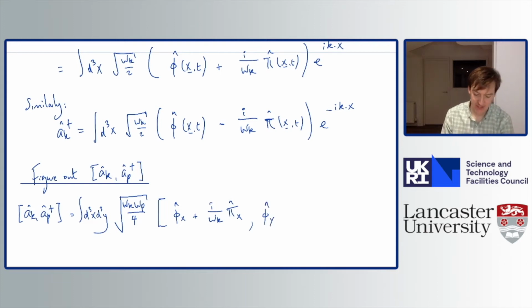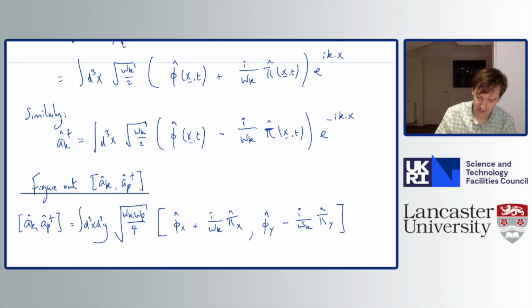Remember, I'm using the position label y to go along with my p operator. We have a minus sign over omega p. And then the final thing we have to remember is to include these exponential factors. So we're going to have e to the i k dot x, not a 3-vector, it's a 4-vector, and we have an e to the minus i p dot y.